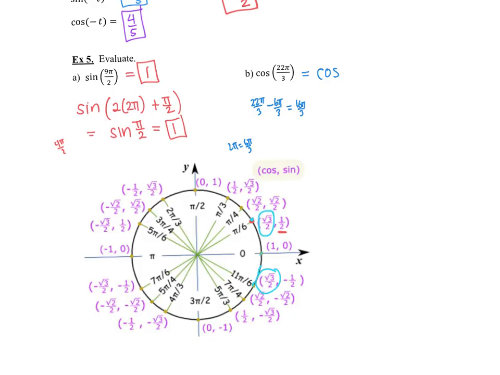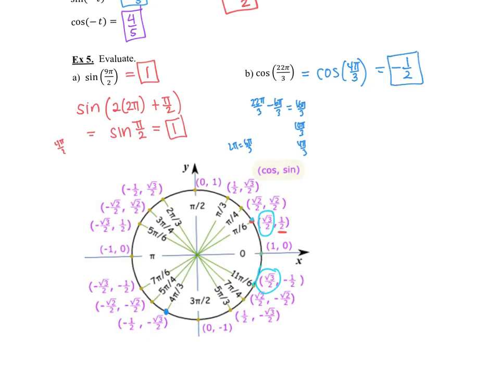Let's see, subtract 6 pi over 3, now I'm down to 10 pi over 3. Take 6 pi over 3, I'm down to 4 pi over 3. Okay, so this is the same as the cosine of 4 pi over 3. 4 pi over 3 is on the unit circle. So if I go to 4 pi over 3 and look at the cosine or the x value, I would get negative 1/2 as my value. Okay, that's one way to do it.